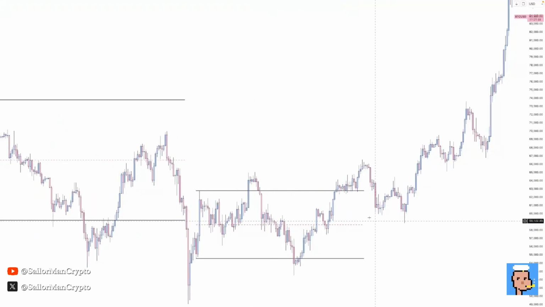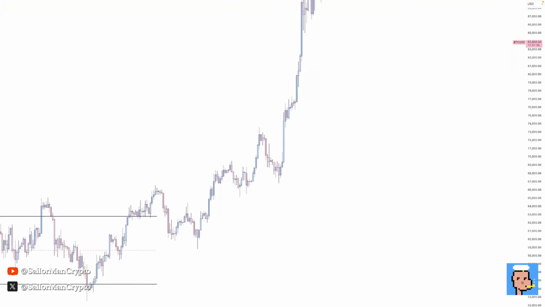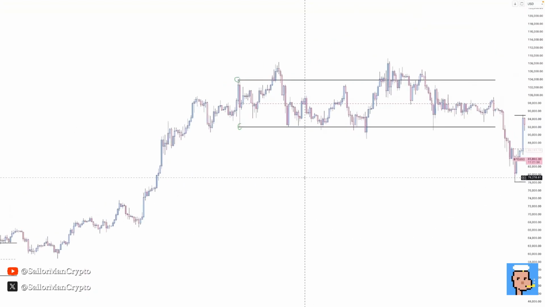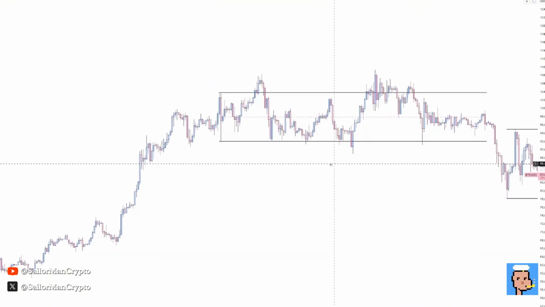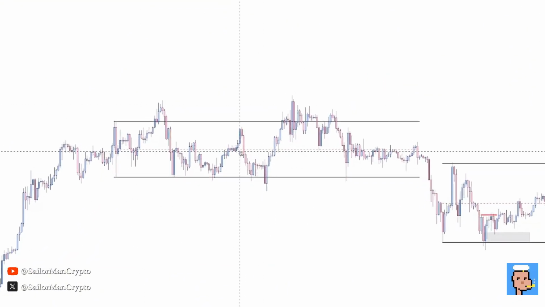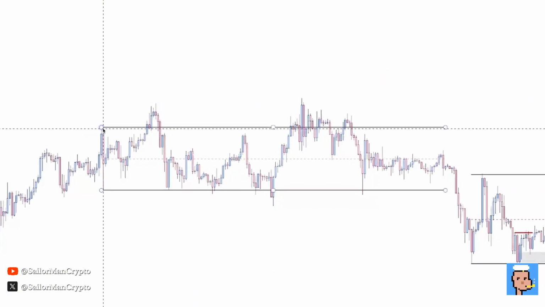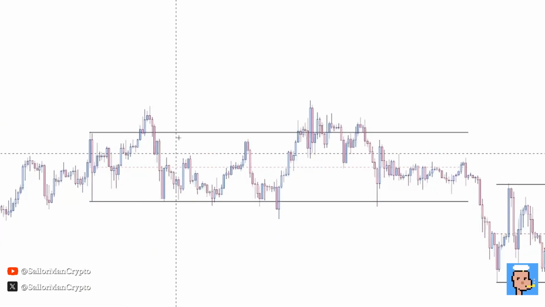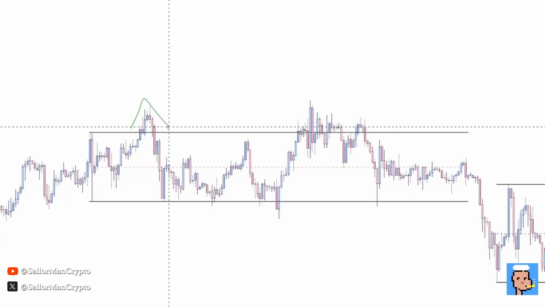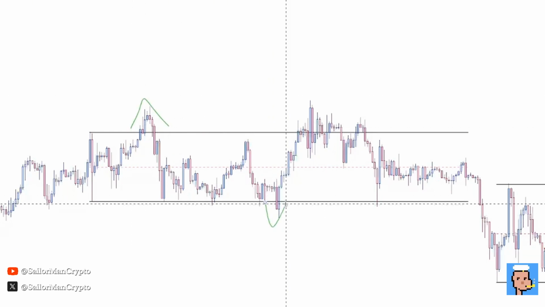In that case, using the first swing high and the first swing low helps you to have at least some preliminary boundary before the range starts to develop. As you can see here at the beginning, swing high, swing low gave a little bit of edge because we did get this nice deviation and this nice deviation.